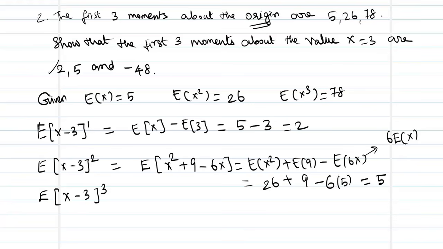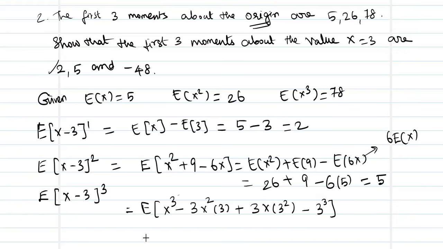Now moving on to the last one, we have a minus b the whole cube. So expand it using the a minus b the whole cube formula: E of x cube minus 3a square b plus 3ab square minus b cube.